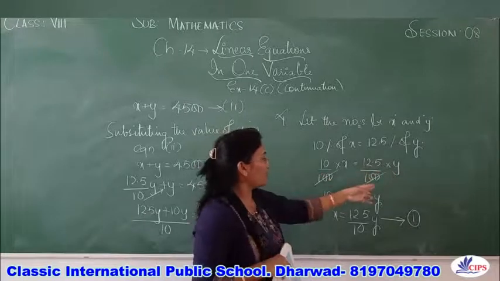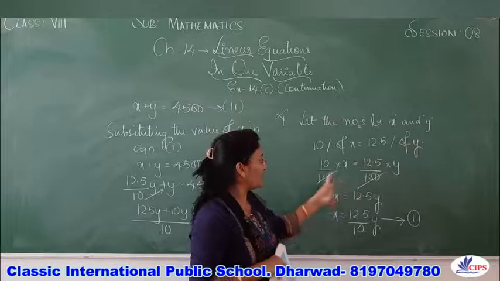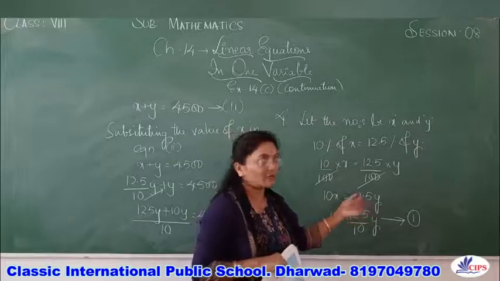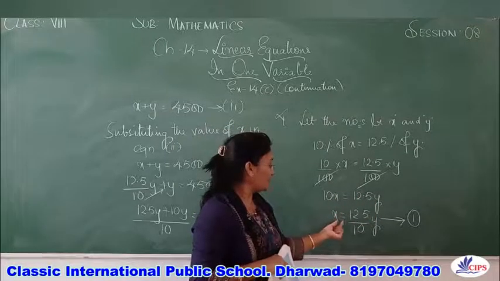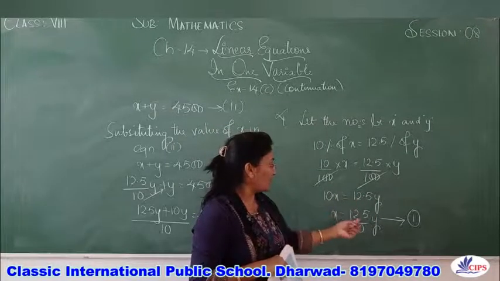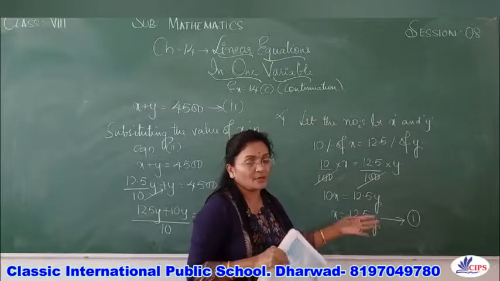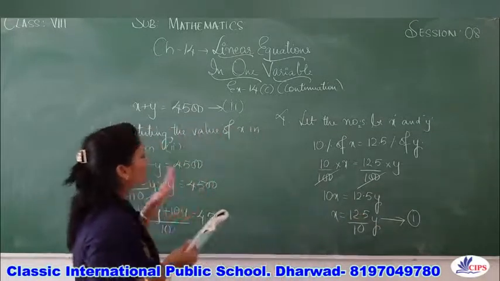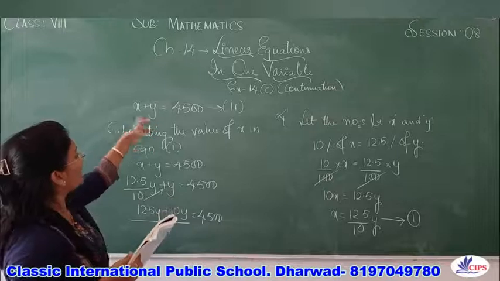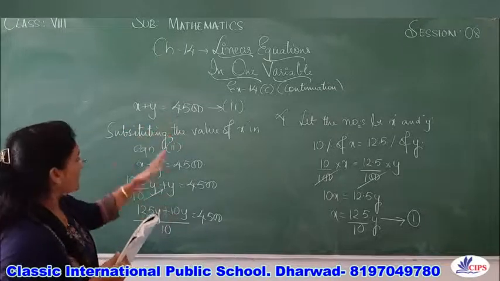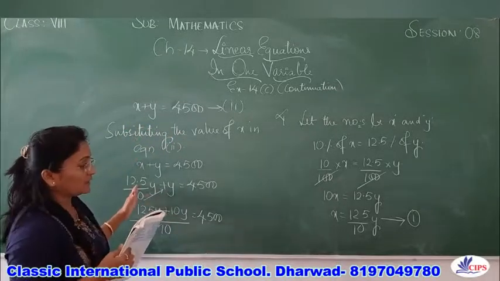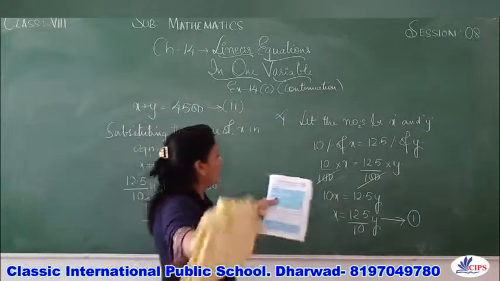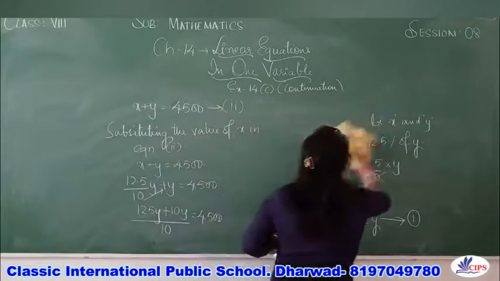Then as it has 100 on both sides, I have simplified it. So I have got 10x equals 12.5y. Then I have got the value of x: x equals 12.5 by 10 into y. And then as they have told you the sum of two numbers is 4500, I have taken it like this. And then I have substituted the value of x into this equation. Now let us continue the sum here. Hope everybody has written this.